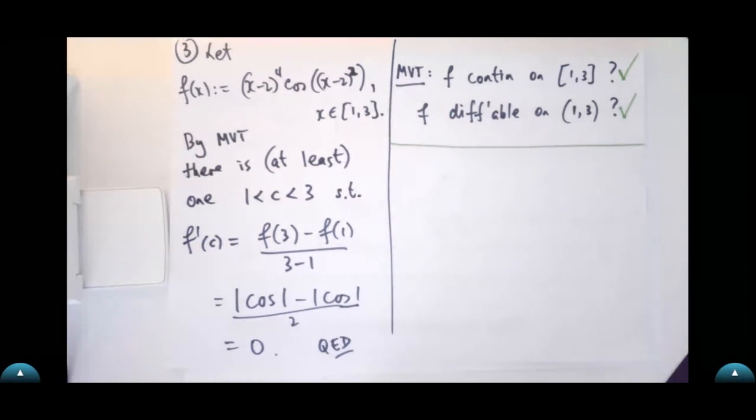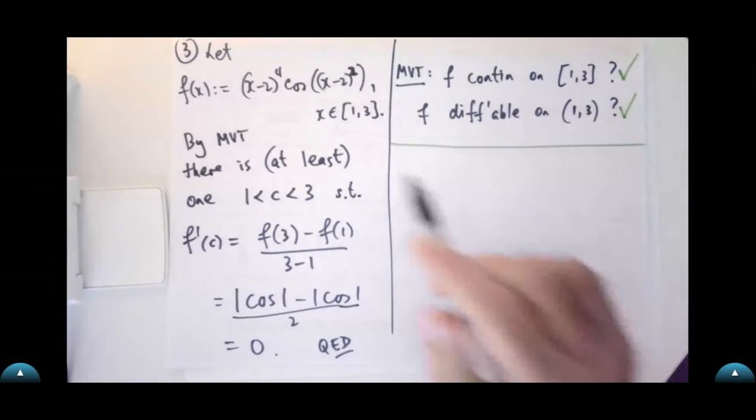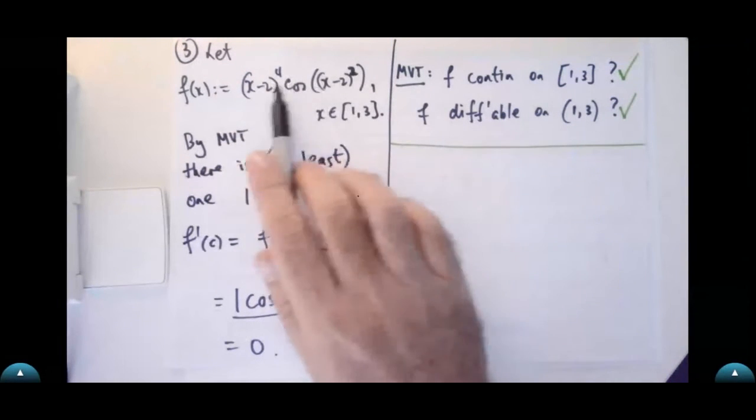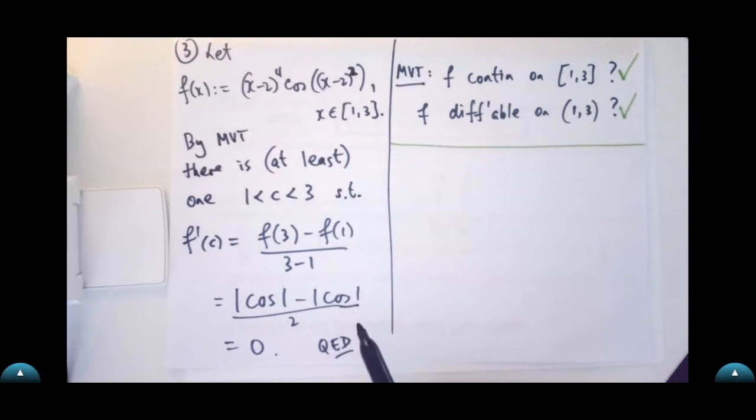Thank you, Lucas. Andy, do we need to write anything to prove f is continuous and differentiable? If I wanted to write something, I would just say f is the product of two functions or the composition of functions that are all continuous and differentiable, right?